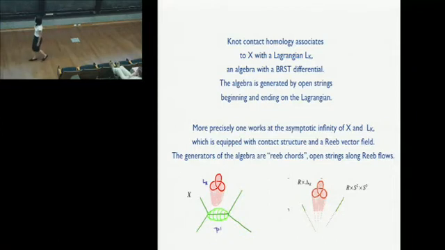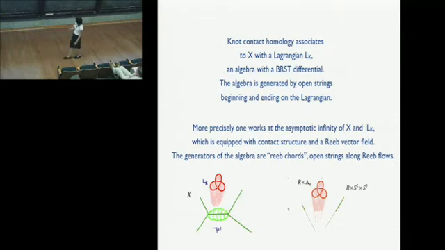What it does is associate to X and a Lagrangian in it, or more precisely, you study the infinity of the manifold, where X looks just like R times S2 times S3, and the Lagrangian looks like R times a torus that hugs the knot.